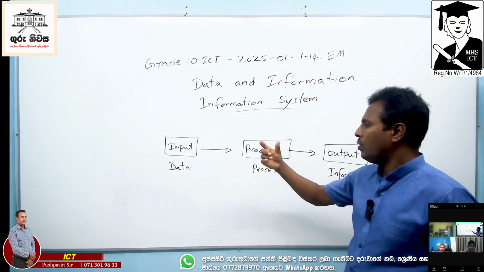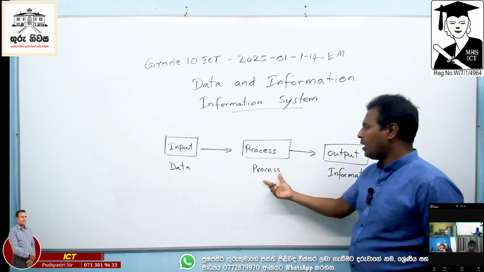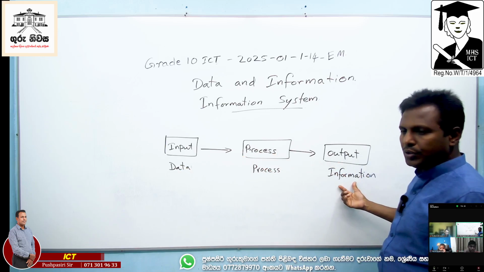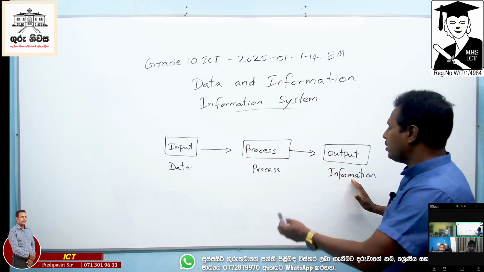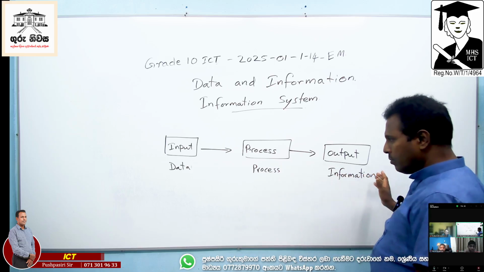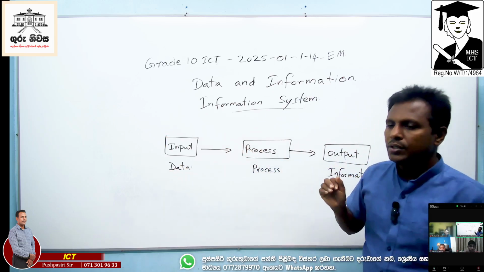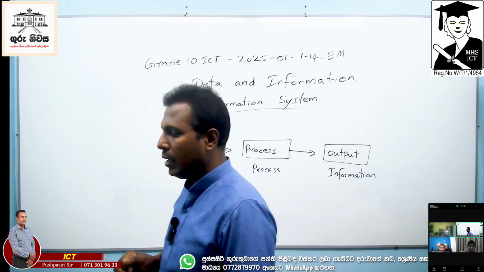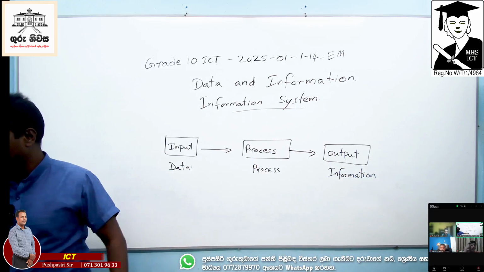We input data, then it processes, and then we get the output. So that is how we turn data into information. This sort of system is known as an information system. Write this down.